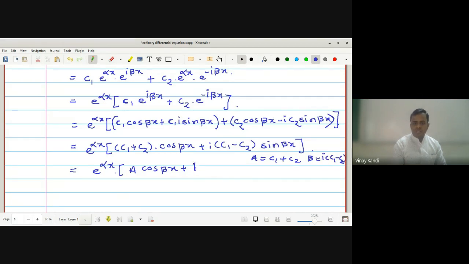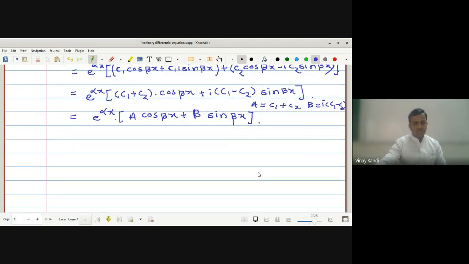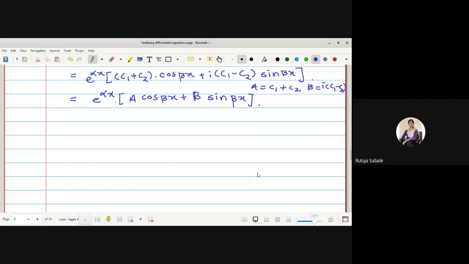So here we get B into sine beta x. Okay, any doubt? No, sir.